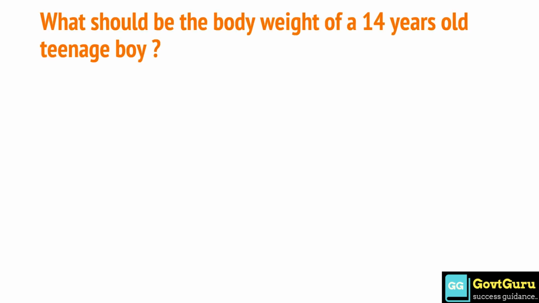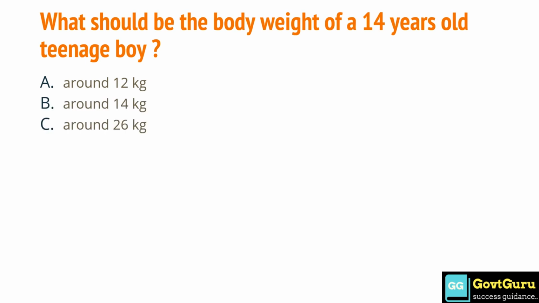What should be the body weight of a 14 years old teenage boy? Option A around 12 kg, option B around 14 kg, option C around 26 kg, and option D around 37 kg. So the correct answer is option A around 12 kg.